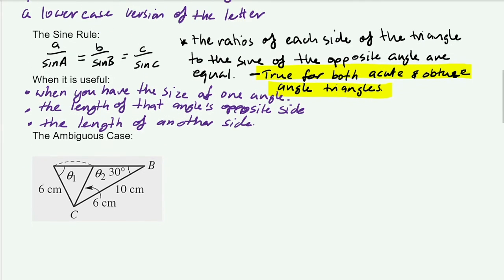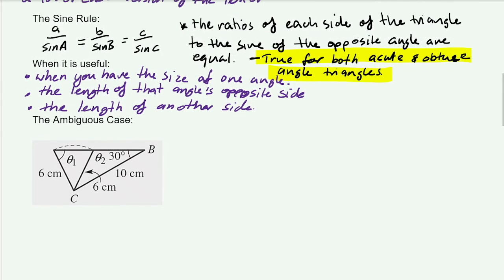Now, you can see there we have what we call an ambiguous case. This tends to be when you have two sides and an angle that is not included. Let's write that in.